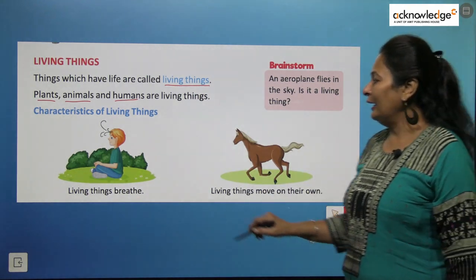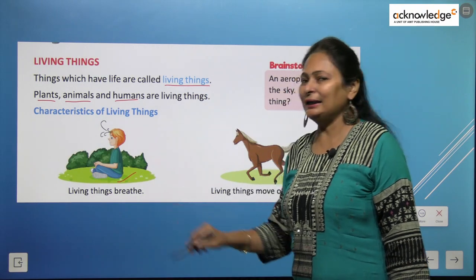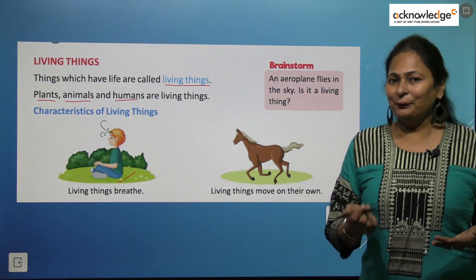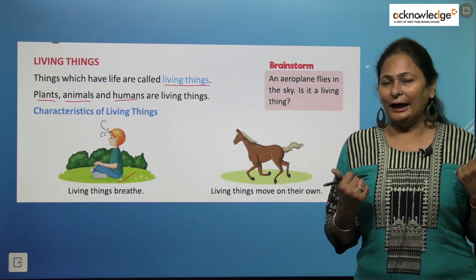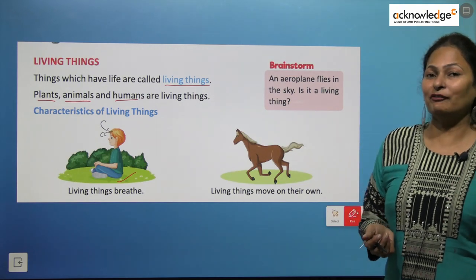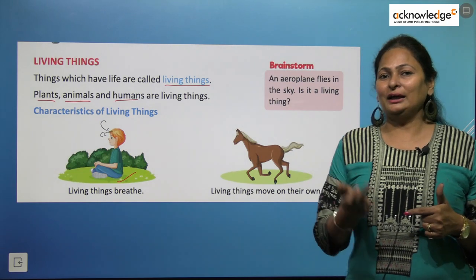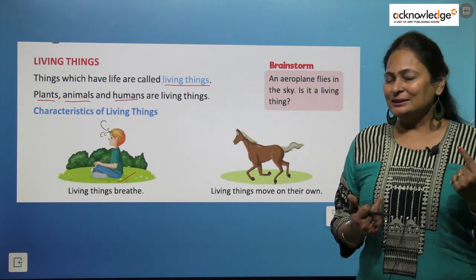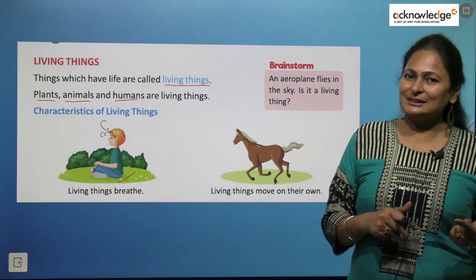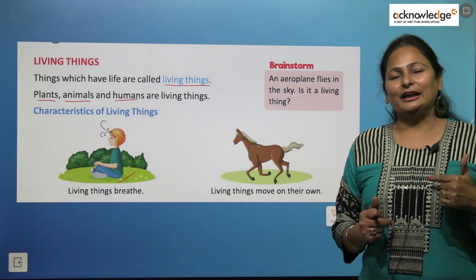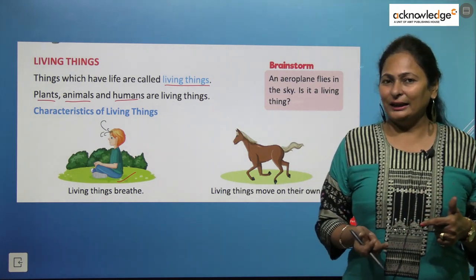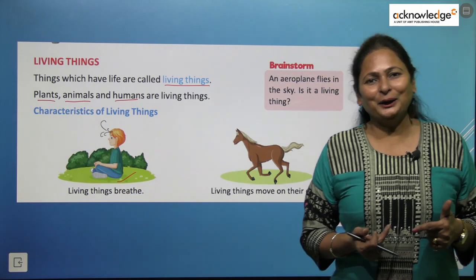First, living things breathe. Yes, we all breathe. You breathe, I breathe, all animals, even plants, right? We inhale oxygen, we have discussed this in the last chapter, and we exhale carbon dioxide.